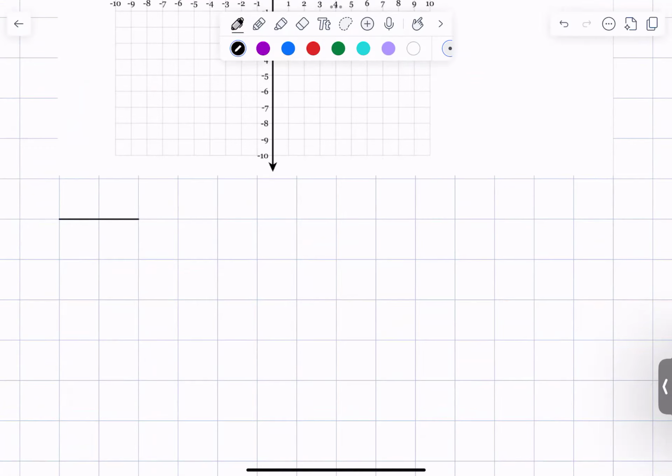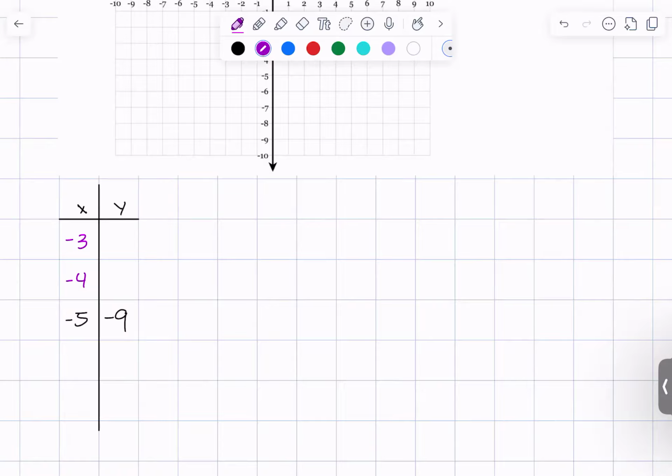If I set up a table of values, x and y, this is -5, comma, -9, right? I am just going to pick x values that are 1 away from the vertex and 2 away from the vertex, going in one direction.